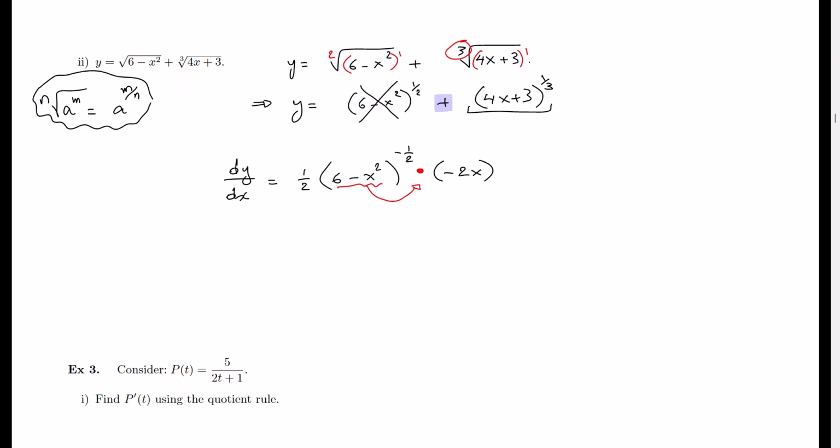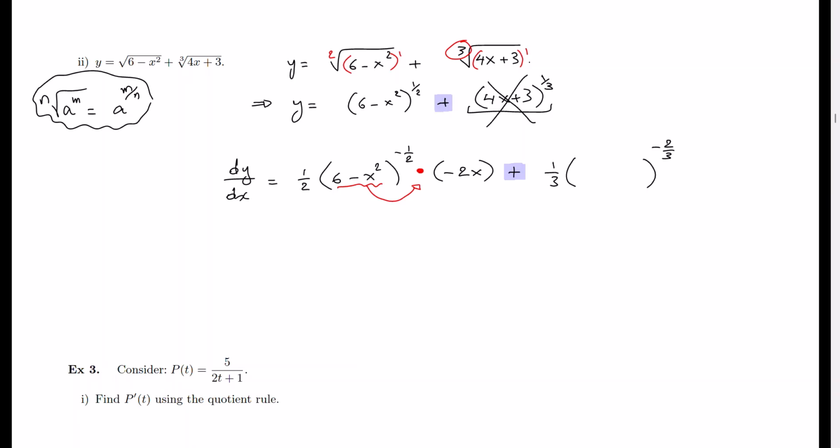Now there was a plus next, so I'm going to put that next and differentiate 4x plus 3 to the power of 1/3. Again, I'm thinking like I have an x right here raised to a power 1/3, so I need to drop the power down, then subtract 1 from the 1/3. By the way, 1/3 minus 1 is really negative 2/3, so let's write that instead directly.